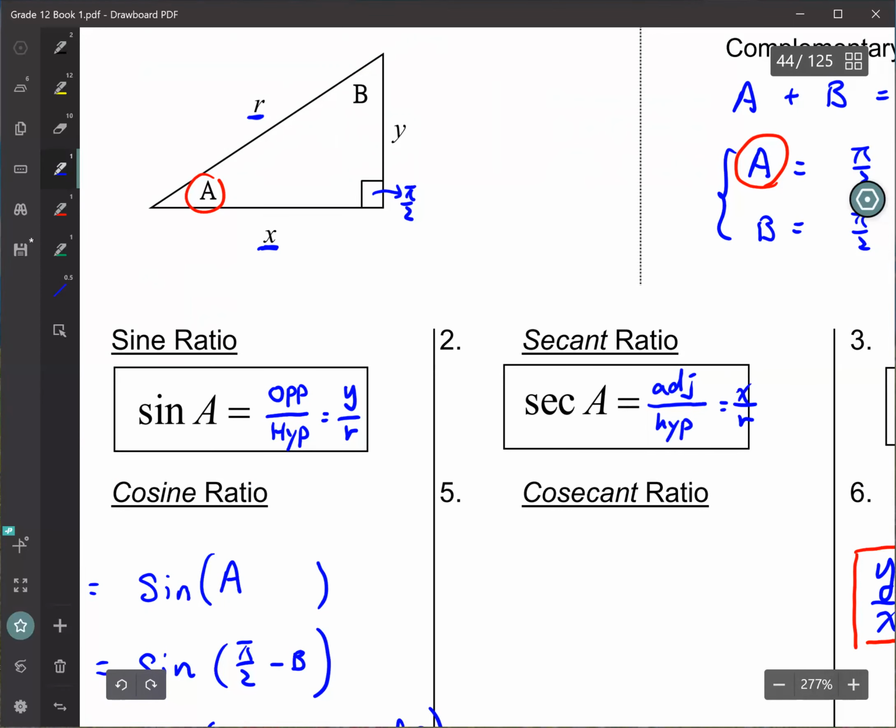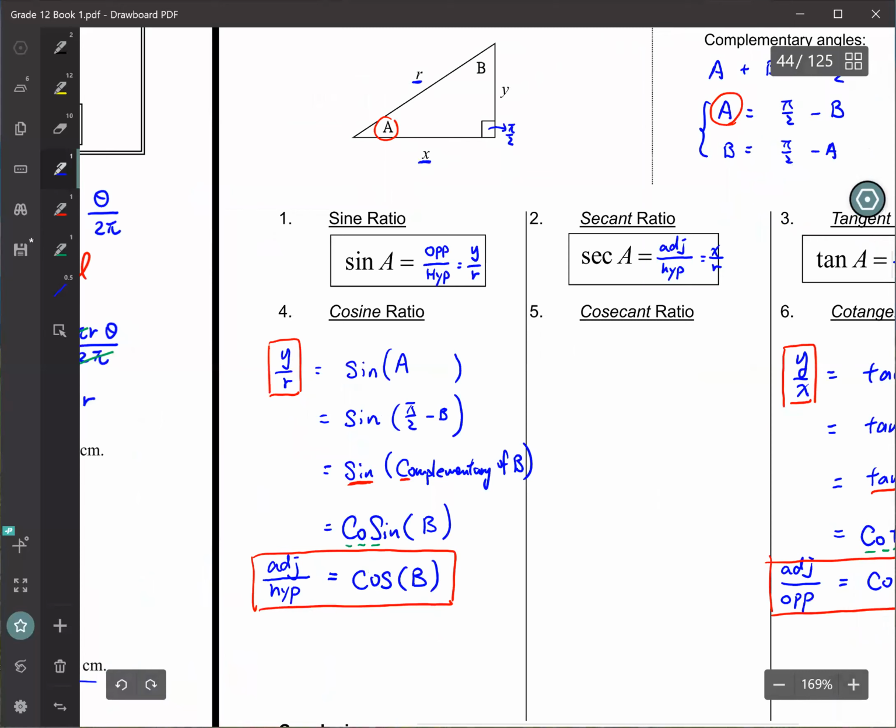So we are going to go through the same thing, x over r to start, which is secant, right? Secant of A. And what is the next line? Tiana? Secant of pi over 2 minus b. Yeah, very good. Okay, Trudy, next line.